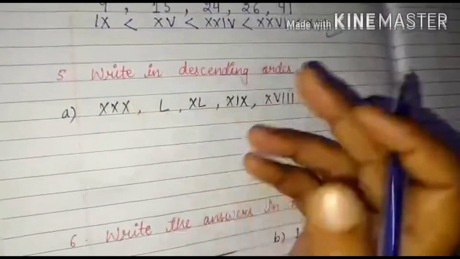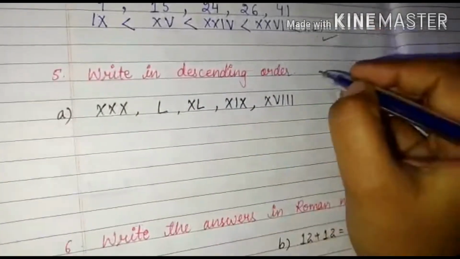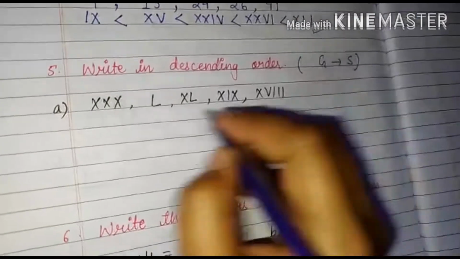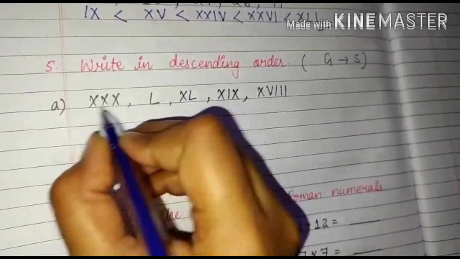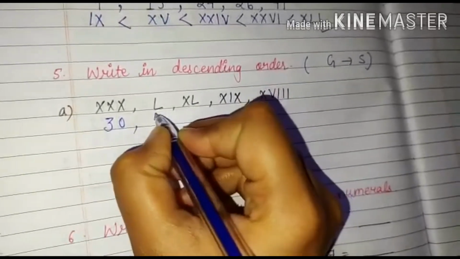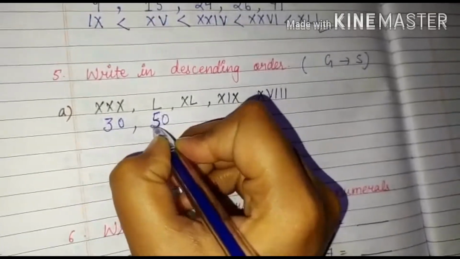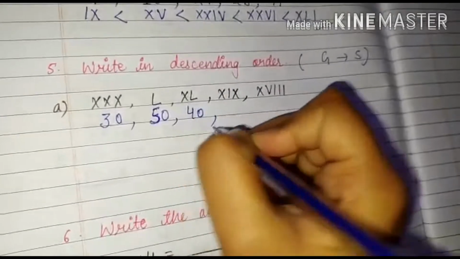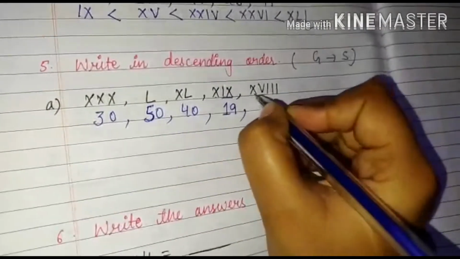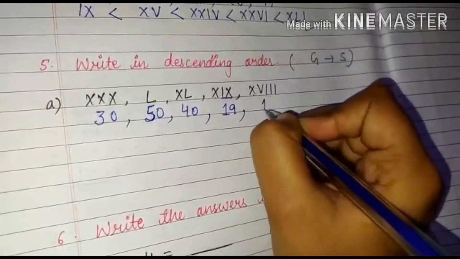Now in the same manner we'll write in descending order, that is from greatest to smallest. In the same manner I'll write them in Hindu Arabic form. So this is 30, it's 50, it's 40, and that is 10 or 9, 19, and this is 10, 5, 6, 7, 8, so this is 18.